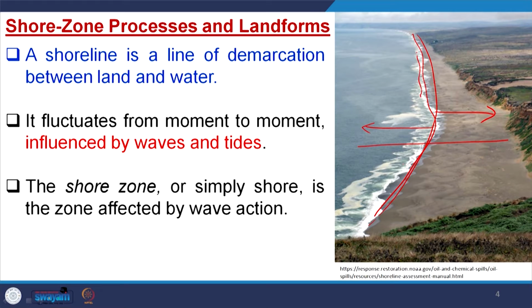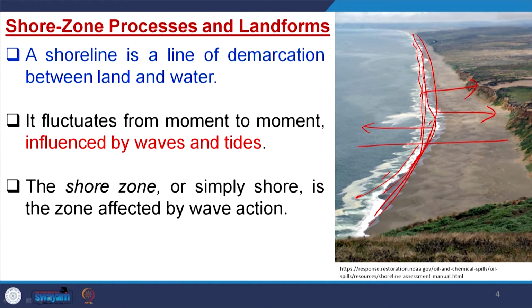You see here the waves continuously eroding, depositing, and transporting material. The shore zone is a very dynamic geomorphic landform which changes even within a day. During high tide the landforms change and sediment moves towards land, and during low tide those sediments are moved back towards the ocean.